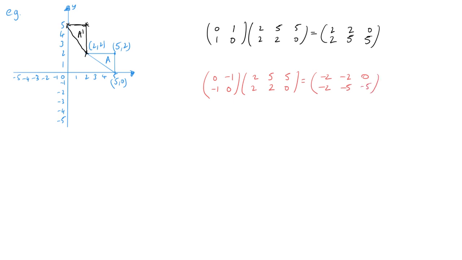So there we have it. So minus 2, 2 is here, minus 2, minus 5 is there, and 0, minus 5 is there. Okay, and that is a reflection in the line y equals negative x there.